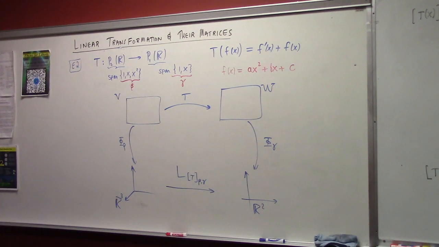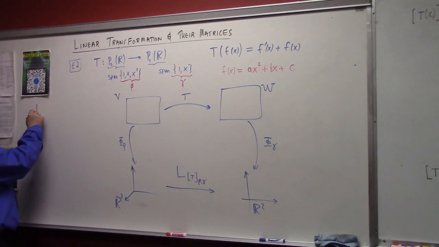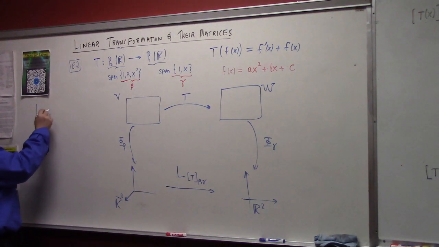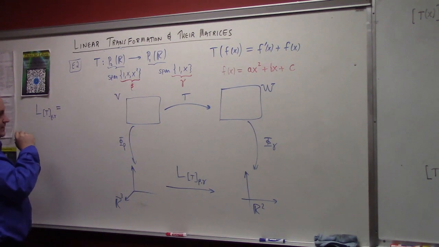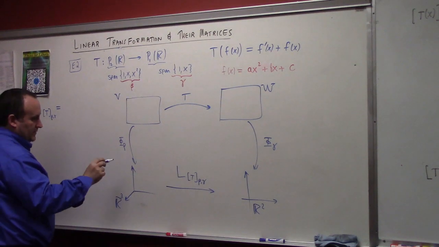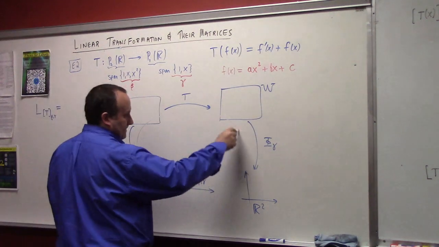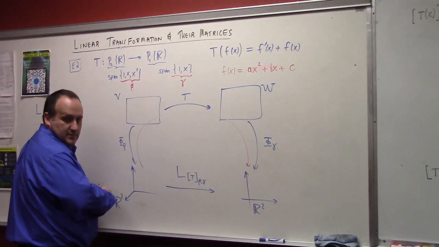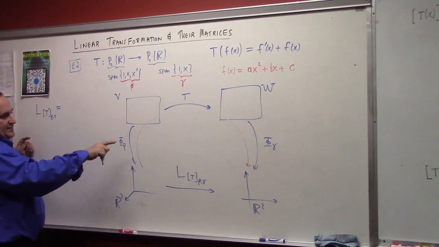So this is the other way I like to characterize the standard matrix, which is that left multiplication by T beta gamma is equal to this mapping, right? And that mapping, the first shall be last, right?